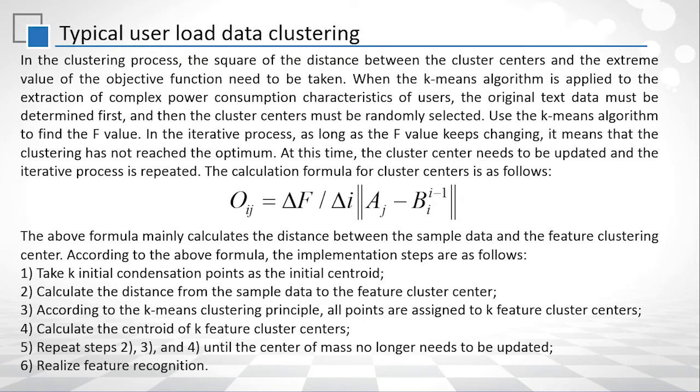In the clustering process, the square of the distance between the cluster centers and the extreme value of the objective function needs to be taken. Here is the calculation formula for cluster centers, which calculates the distance between the sample data and the feature clustering center.